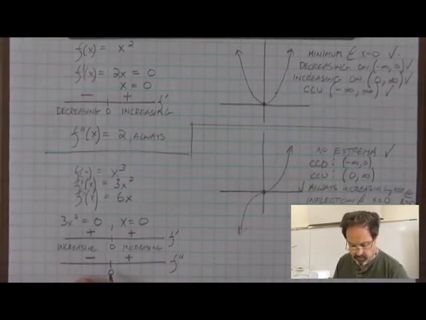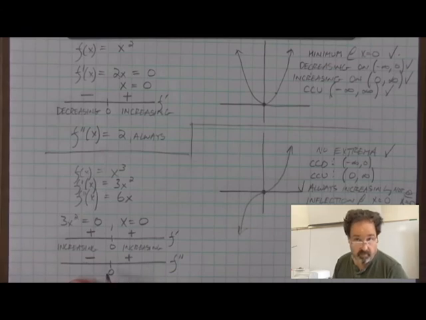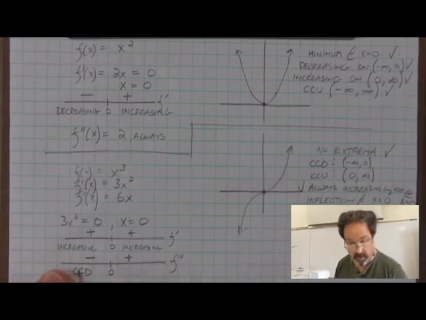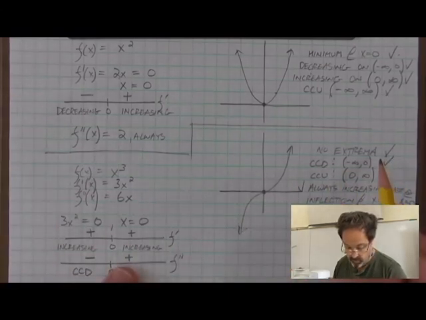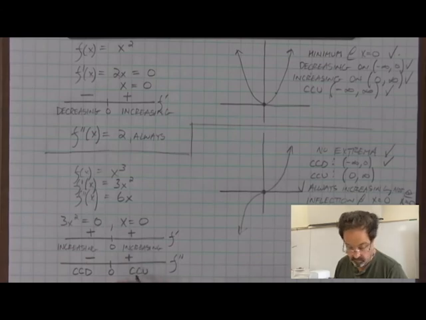The second derivative talks about, or is evidence of, concavity. Where the second derivative is negative, it's concave down. The sign line has shown, after consideration, that it's concave down from negative infinity up to 0, what I said here. And we have a positive second derivative, which means that it's concave up from 0 to positive infinity, which I said here.